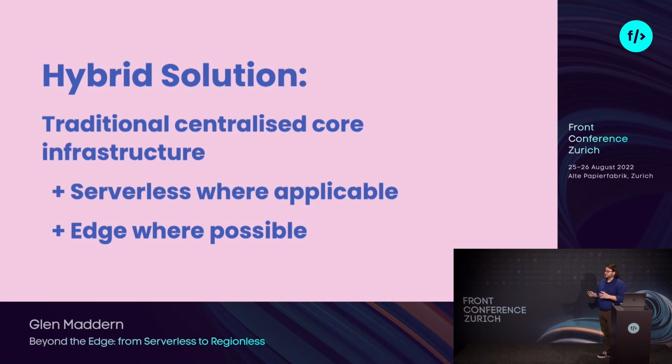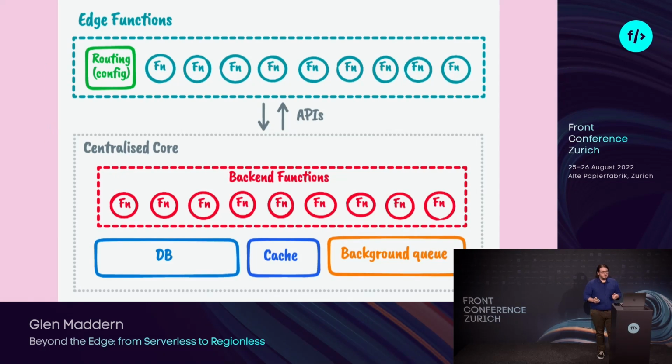Use as much serverless as you can because it's easier for people to contribute to and can be easier to maintain. And then use the edge as much as you can because it's much better for the users when you do. To put that in our diagram from before, now there's a full difference between our edge functions running all over the world, talking over APIs to our old kind of core, our original centralized core.